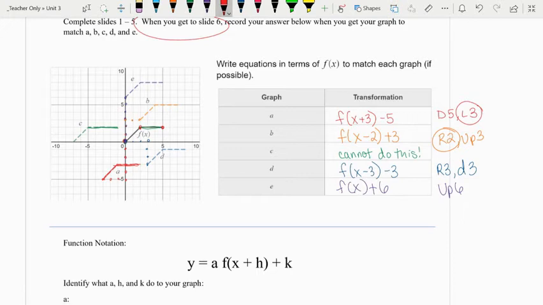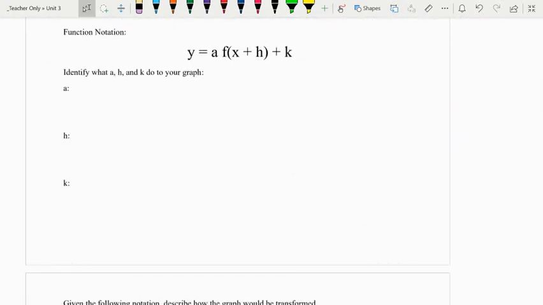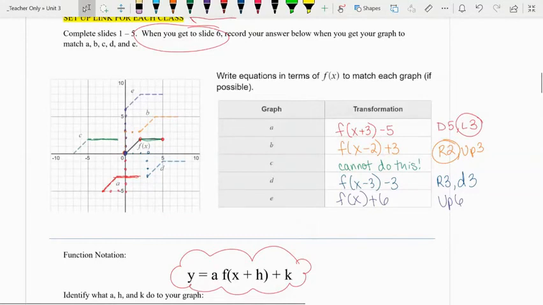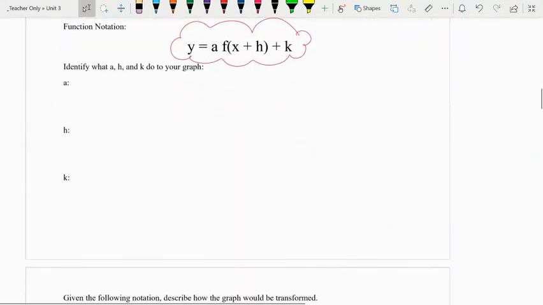All right, so this is definitely the foundation of what we're doing today, but this is all coming from this function notation. So y equals a f of x plus h plus k, all right? Now, a actually does a lot, and it's a number out in front. We haven't really talked about it all that much up here, okay? But it is a super important one, okay?